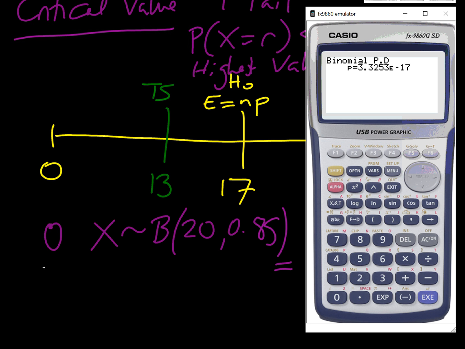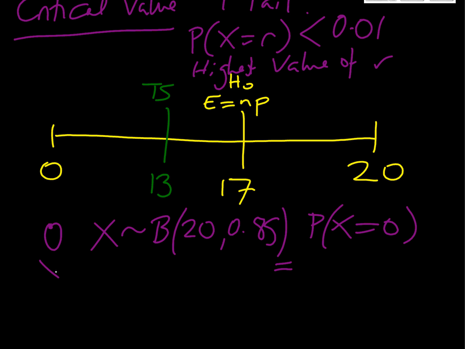So, I'm going to make a little table here. Here we had x, the value of r, it was 0. Our probability was incredibly small, wasn't it? 3.3 times 10 to the minus 17. So what we're interested in is a critical value: the largest value that gets us just below a probability of 0.01.